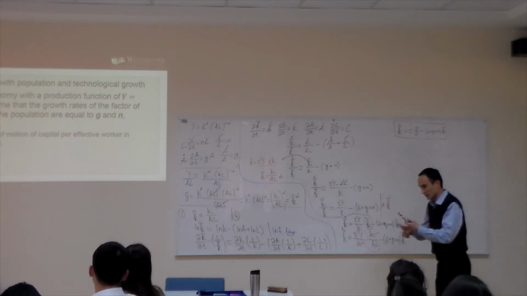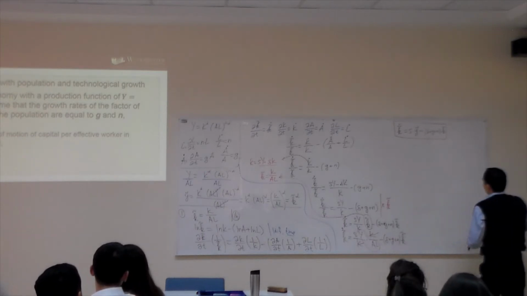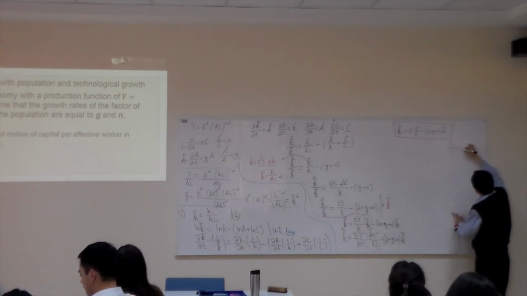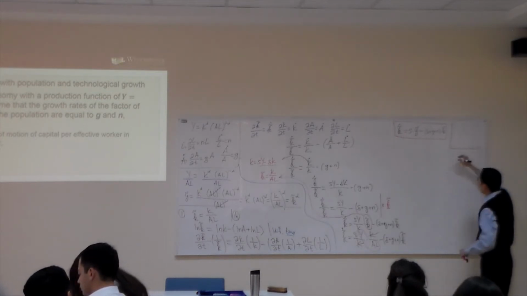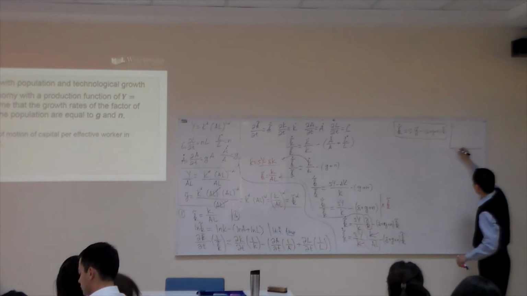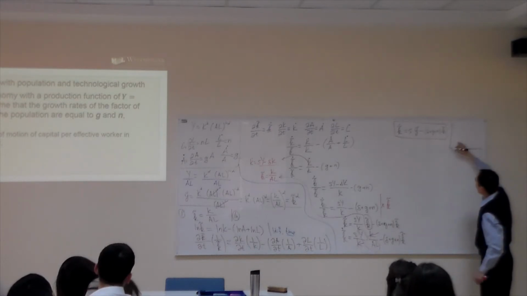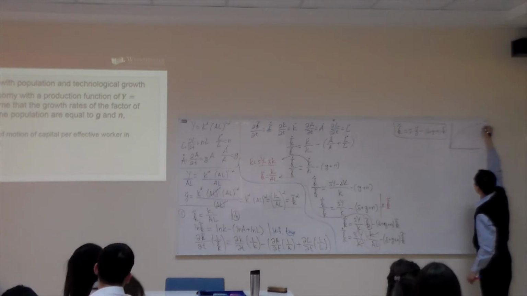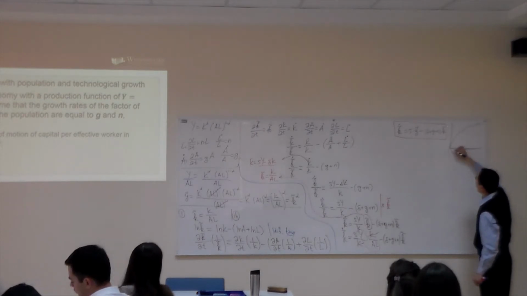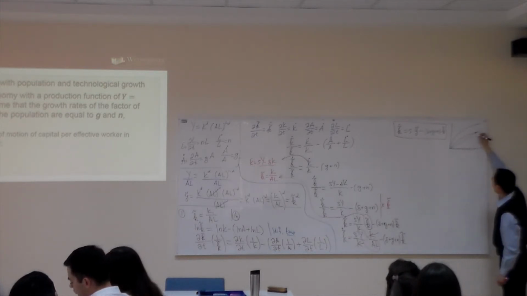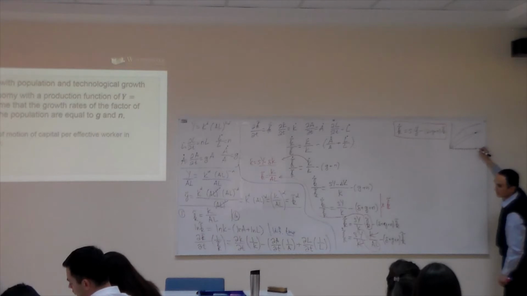So during the lecture we discussed that once the economy is growing with a given capital per effective labor and with a given production function, investment and depreciation will reach one point, which we call the steady state level, right?